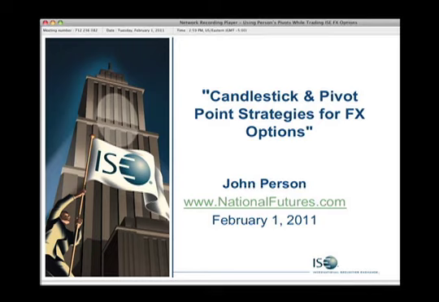So we use a new concept in pivot analysis, using an option expiration monthly calendar. It goes from the expiration of one cycle to the next.